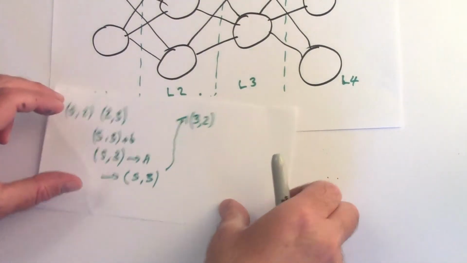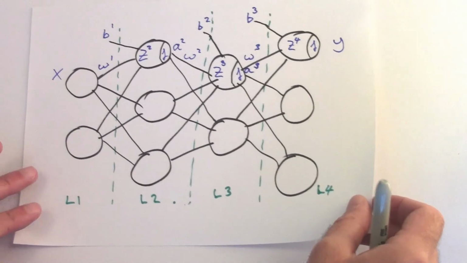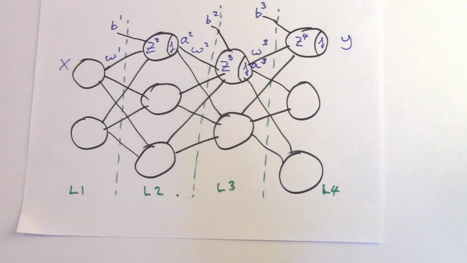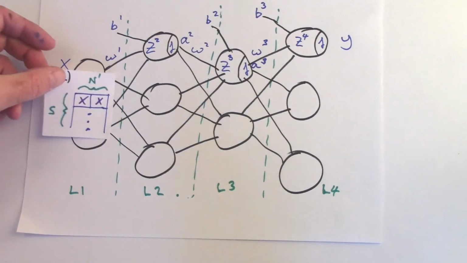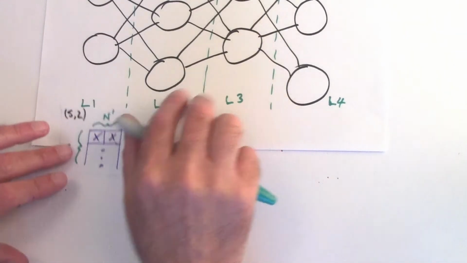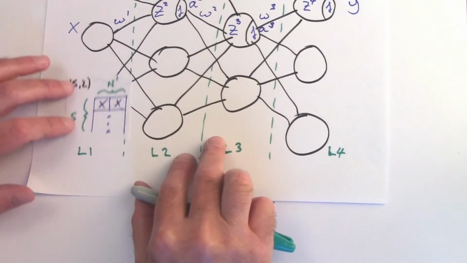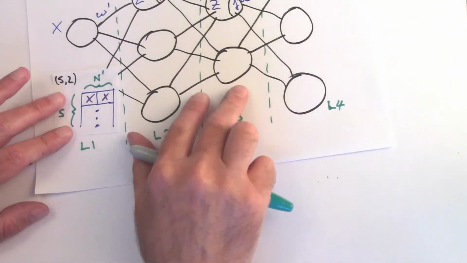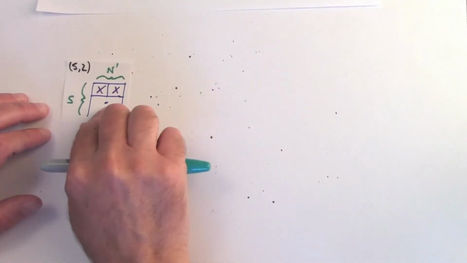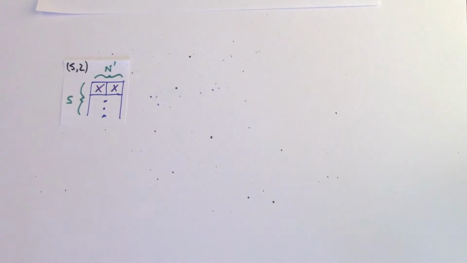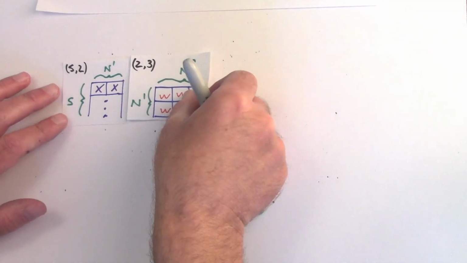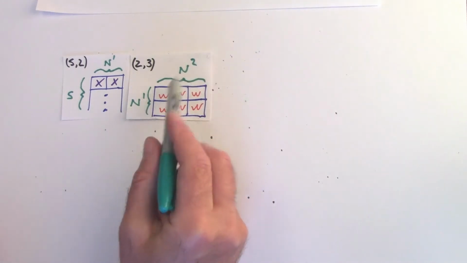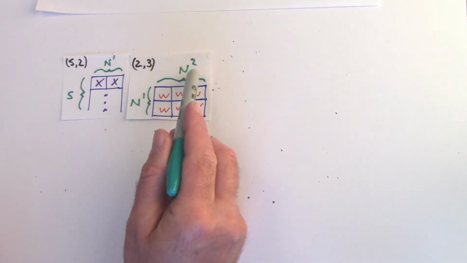So let me just show you that in a little bit more clarity. So the input side, we will have a matrix here, as I said, of S by 2. So this will be our data coming in. Let's just move that out of the way first of all. Then the weights get multiplied, and as you can see here, it's the number of neurons in the first layer by the number of neurons in the second layer.